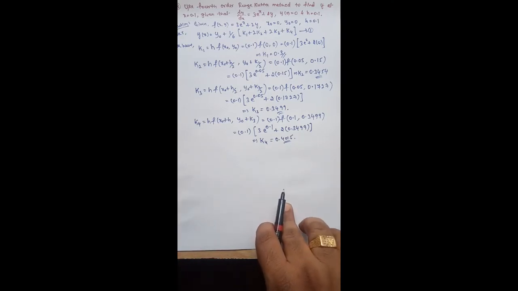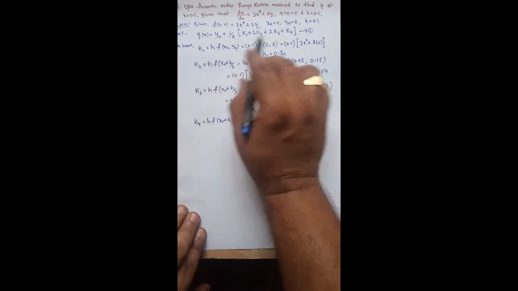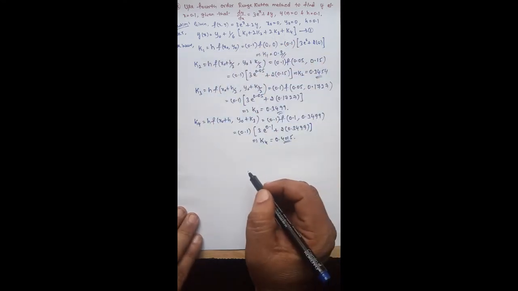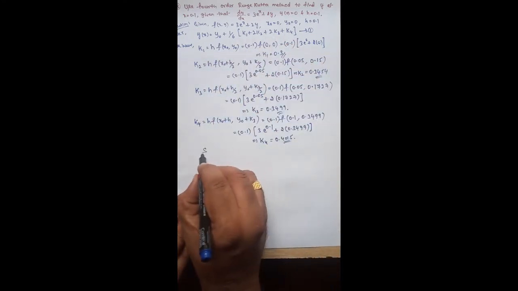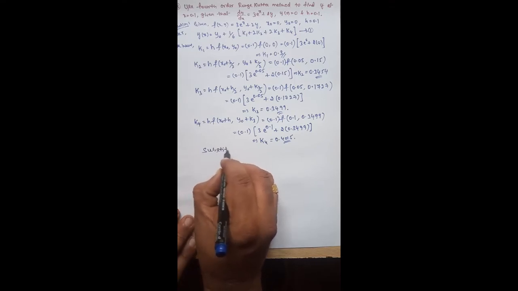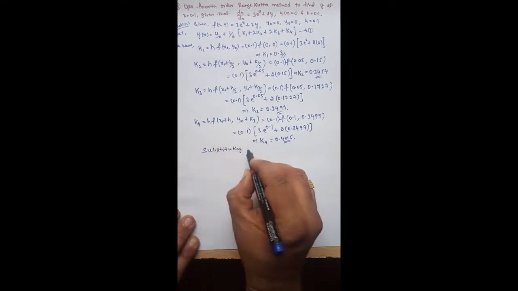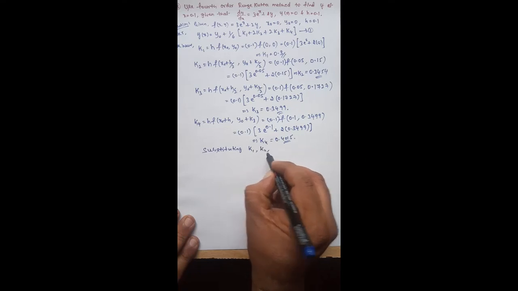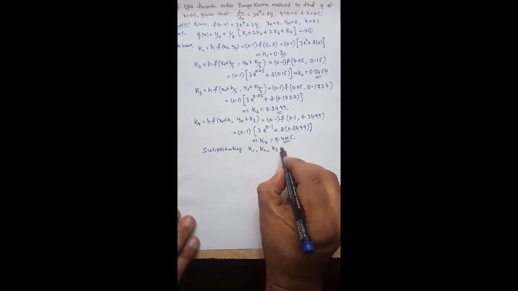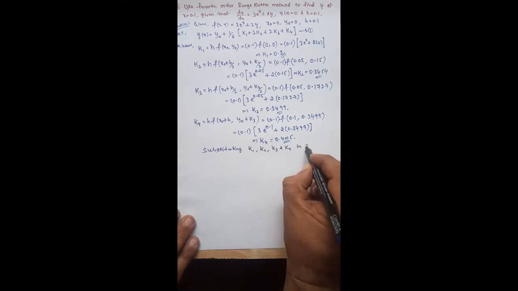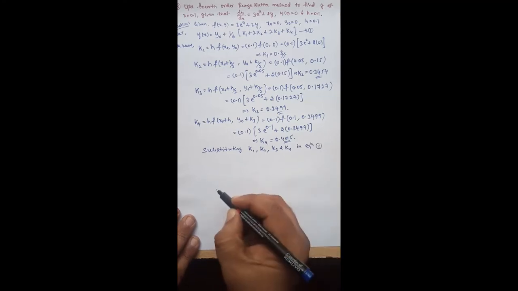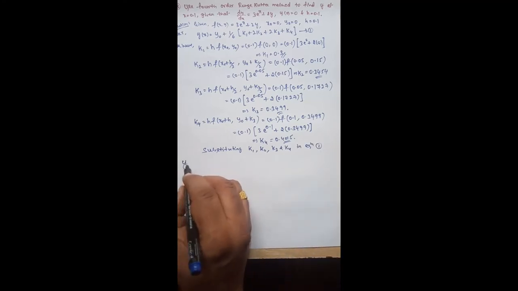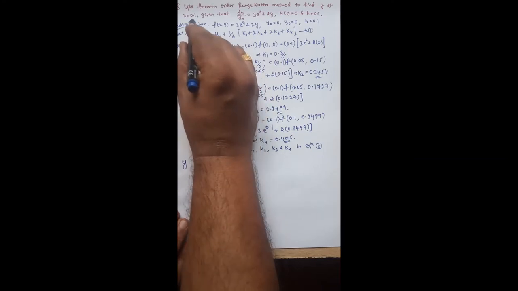So we get the values of K1, K2, K3 and K4, all 4 parameters. Let us substitute all these values along with y naught in equation 1. Substituting K1, K2, K3 and K4 in equation 1, we get y of x. What do you mean by x? 0.1.